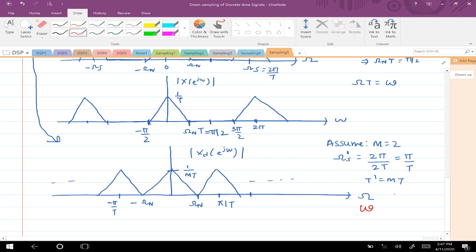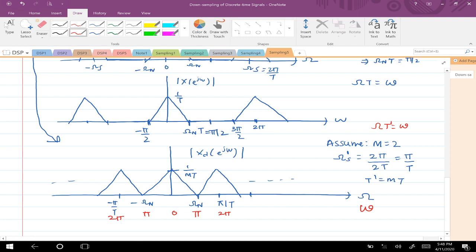So what was the relation? Omega times T equals omega. Let me call T prime here. The T prime here is MT, correct? So where do I get this? In fact this would be equivalent to pi here. This would be equal to 2 pi. This of course will be 0. This would be pi. This would be 2 pi.